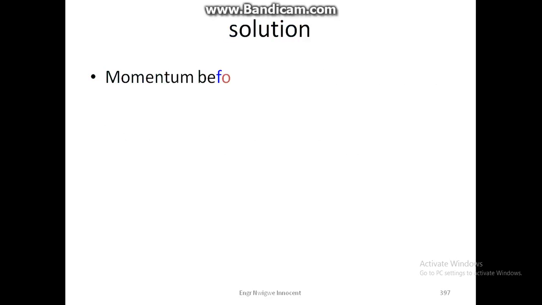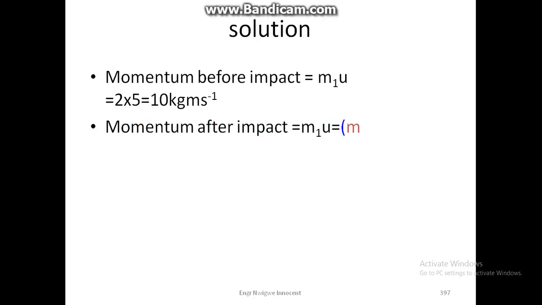Solution. Momentum before impact is equal to m1u, which is equal to 2 times 5, which gives us 10 kg meters per second. Momentum after impact is equal to (m1 plus m2) v2, which will give us 10 equals 2 plus half times v2.